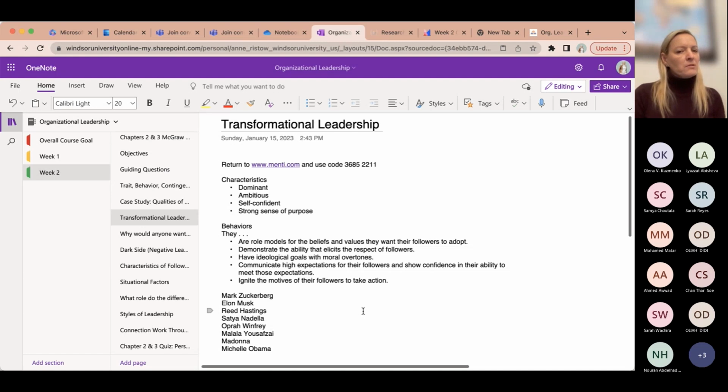So some examples of people modern day who are transformational leaders would be Mark Zuckerberg from Facebook, Elon Musk. There's a lot of controversy around him right now, but his initial work with Tesla and much more. Reed Hastings, Satya Nadella, Oprah Winfrey, Malala Yousafzai.